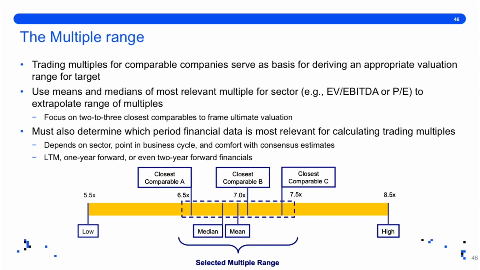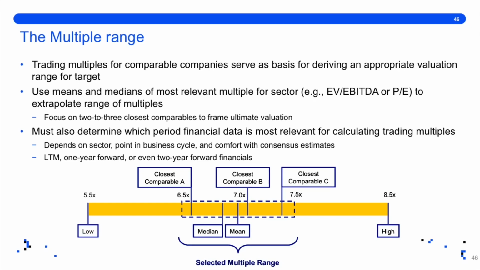Usually, here there is a little bit of art. In this case, we take a multiple, whatever it is, enterprise value to EBITDA. The lowest possible comparable is 5.5 times. The highest possible comparable is 8.5 times. The mean is 7. The median is slightly lower.